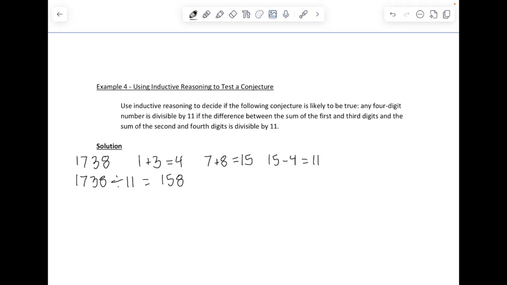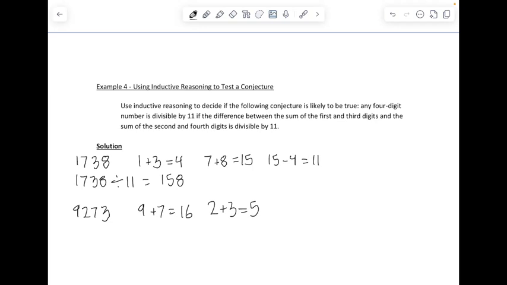Let's try another case. Let's try 9,273. If I take the sum of the first and third digits, I get 9 plus 7, which equals 16. If I take the sum of the second and fourth digits, I get 2 plus 3, which equals 5.